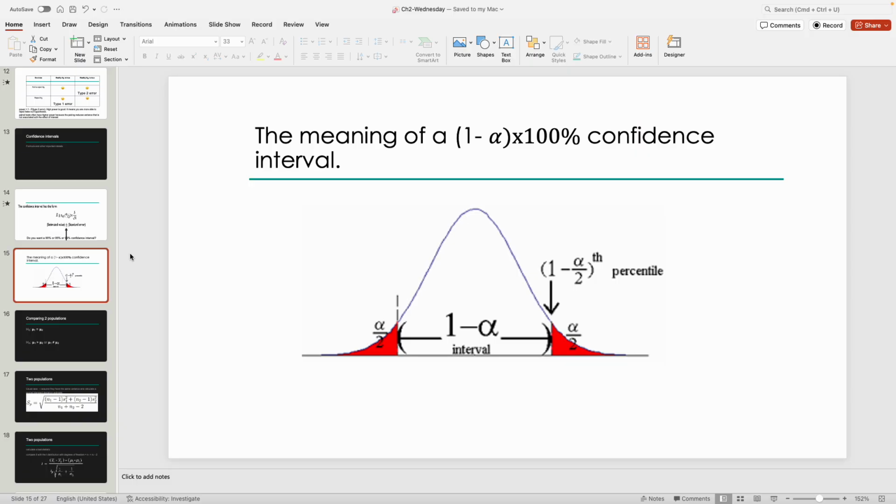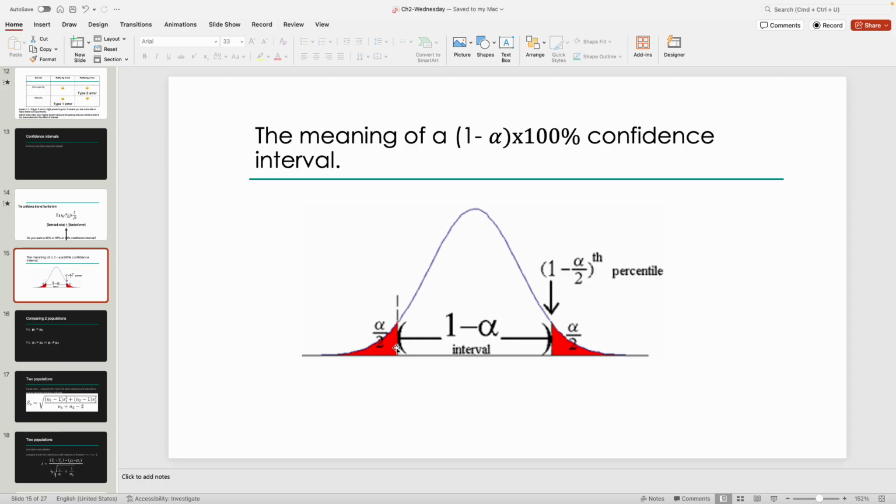Okay. So what this confidence interval tells you is that 90% of the data is in this interval between the two red regions, and that is a confidence interval on the difference here, okay? So when you have a 90% confidence interval, that means alpha is 10%, so alpha over 2 is 5%.